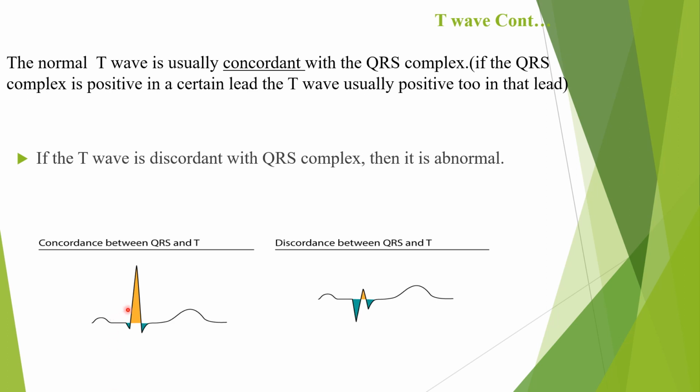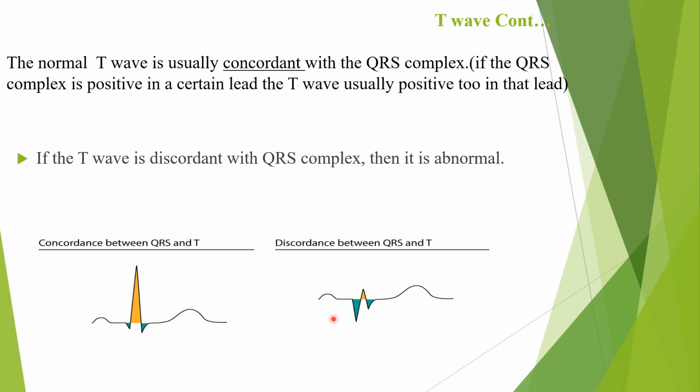In this diagram, the positive area of the QRS complex is greater than the two negative areas. So here the net QRS complex is positive. Then the T wave should be positive. Here the T wave is concordant with the QRS complex.